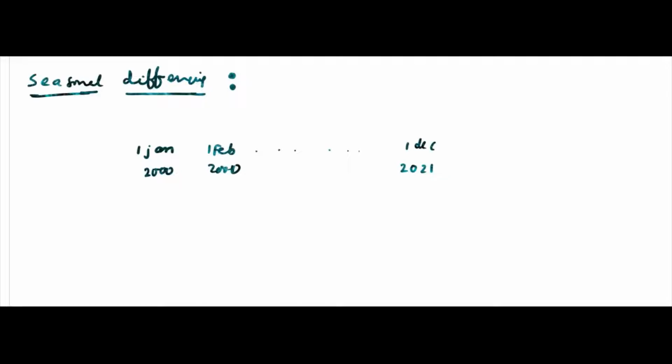Suppose we are in December and we have data up to here. Let me continue with the same example. We have all this monthly data, and we need to predict for 1st January 2022.